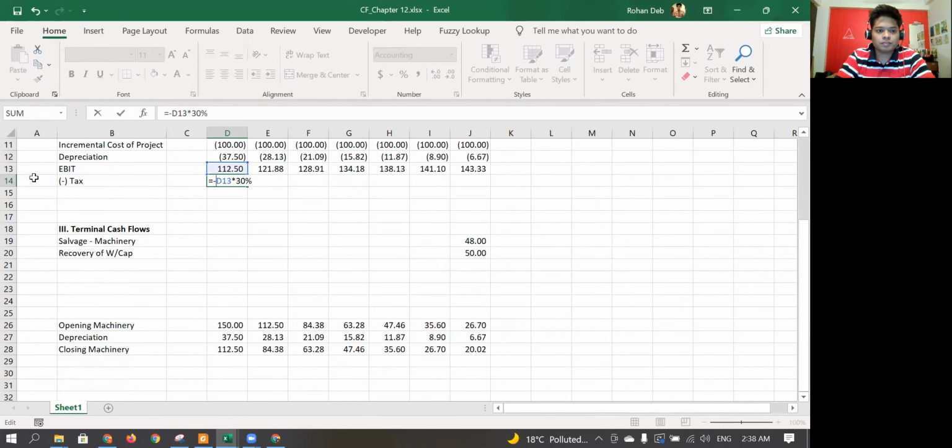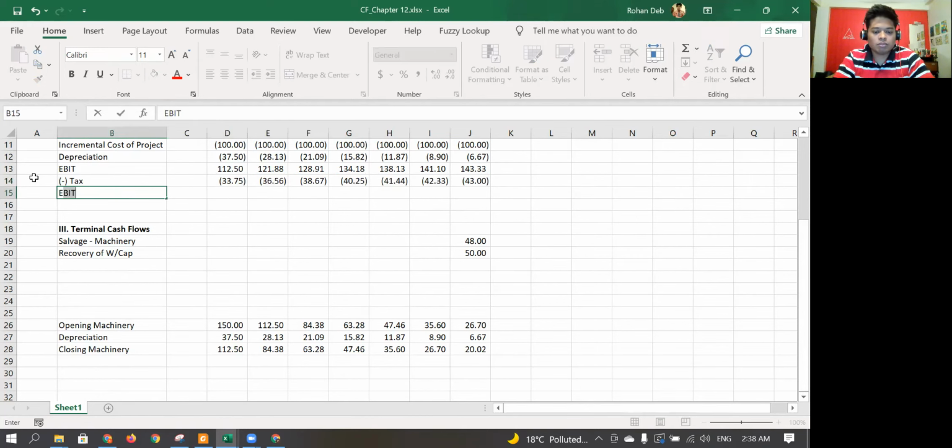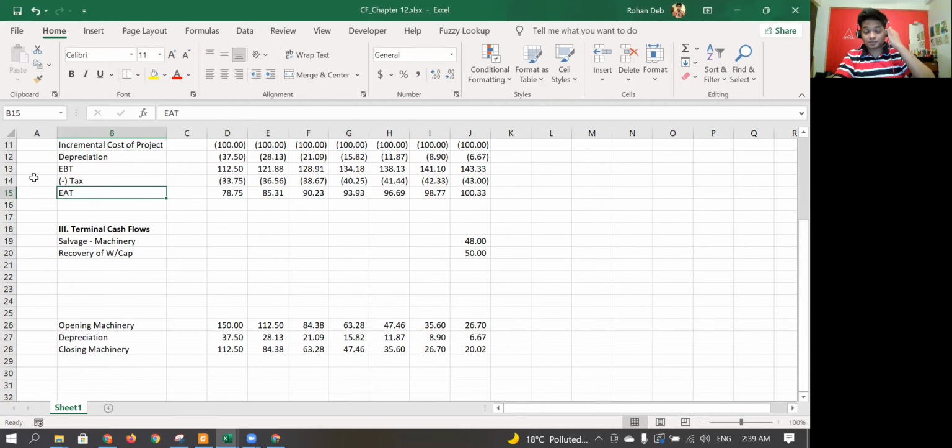Control R. You can write this as earnings before tax because there's no interest, and earnings after tax equal to this plus this. So this is my earnings after taxes.